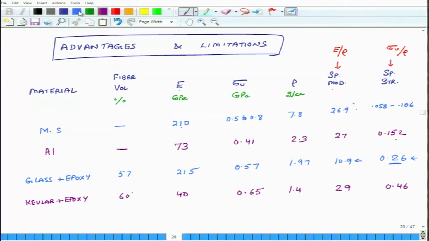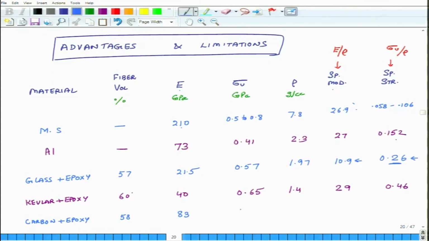Okay. And then finally, we can look at a third type of composite. It has carbon fibers plus epoxy, and it has about 58% of fiber. The Young's modulus of this is even higher, 83 GPa. So, you can guess its E over rho, that is specific modulus, will go up significantly.